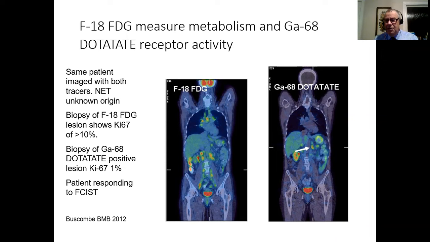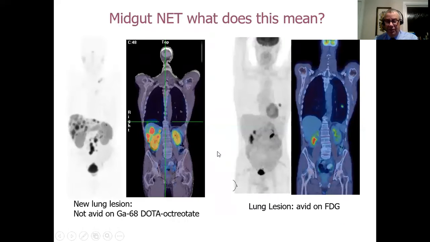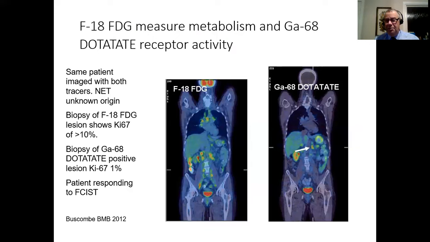So this patient had two types of neuroendocrine tumor. Now, the point is this one isn't going to kill the patient. It might take a decade to be a problem, but this one can kill the patient. So the patient went on to have chemotherapy and responded very well.